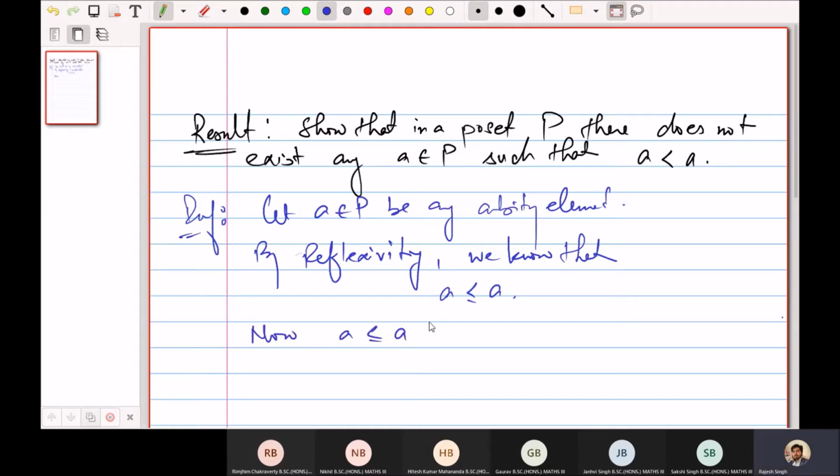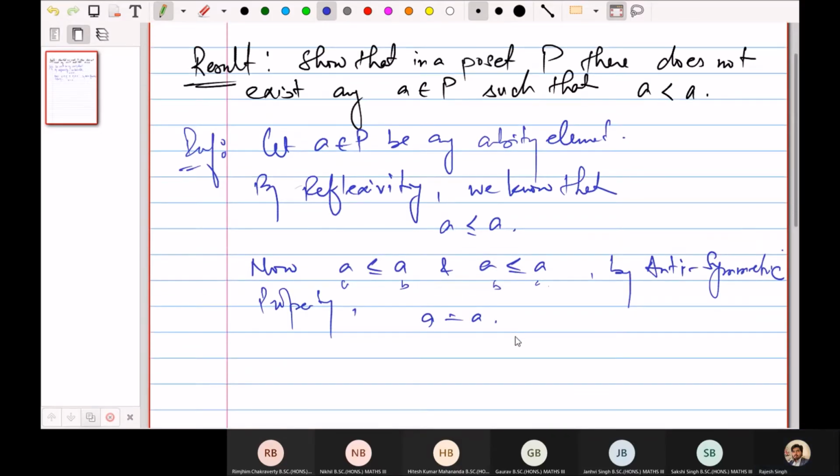Now A is related to A and A is related to A. So by antisymmetric property, A is equal to A. क्योंकि ये देखो क्या हो रहा है, इसको A मानो, इसको B मानो. So A is related to B, B is related to A, so that means A is equal to B. Clear? Is it clear? It was simple.